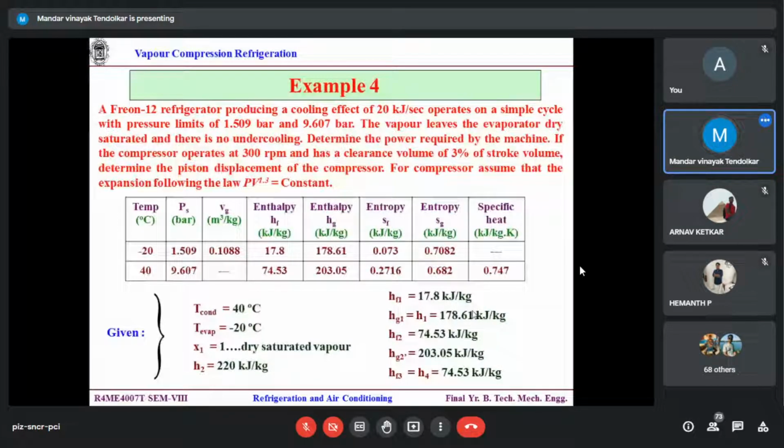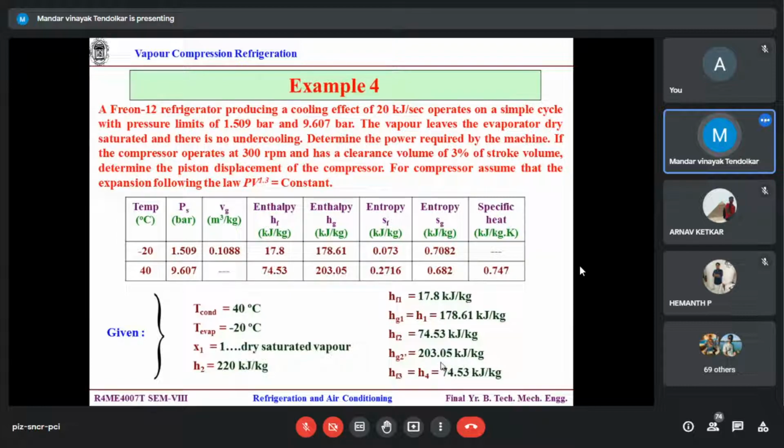Fine. 74, yes, this is fine for this example. So H1 is directly taken by say enthalpy, yes, 178. So that is why 178. Correct. Then H2F or H3F, that means 40 ka F, 74. Okay, so that is taken here. Correct, and that is the same as the isentropic expansion.